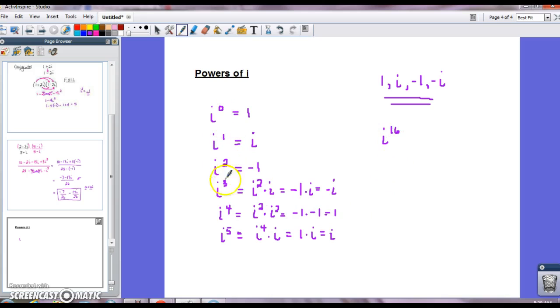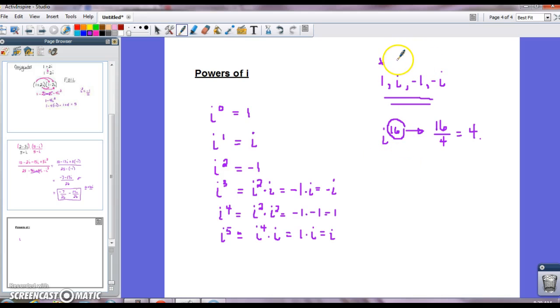I don't want to sit here and do this all the way up through 16. What I am going to do is take that exponent and divide it by 4 because I'm going in cycles of 4. If that's evenly divisible, which it is, and I don't have any decimal here, then I know my answer is going to be 1.